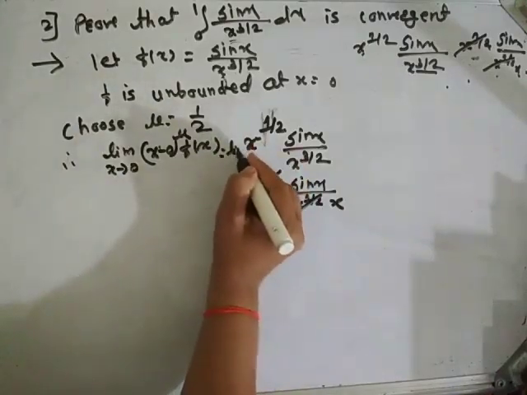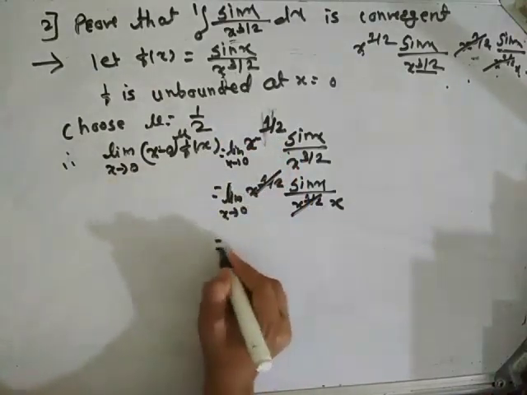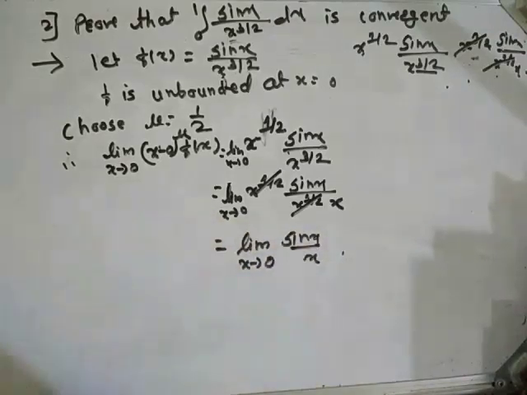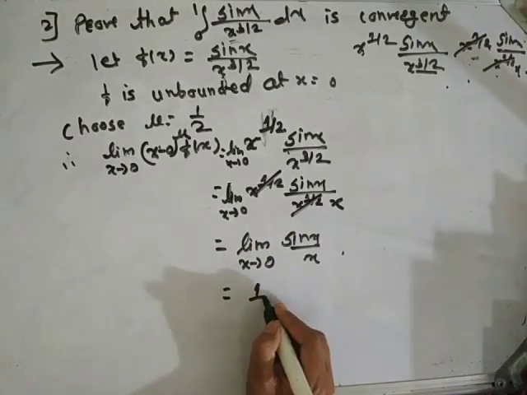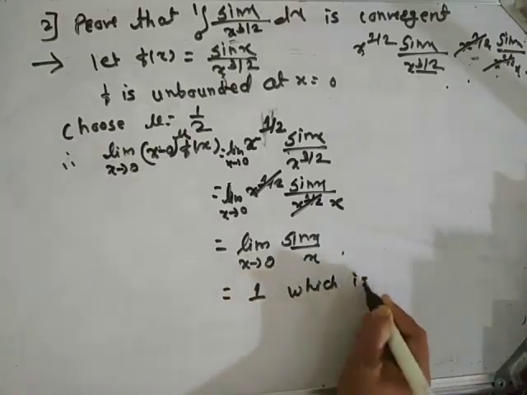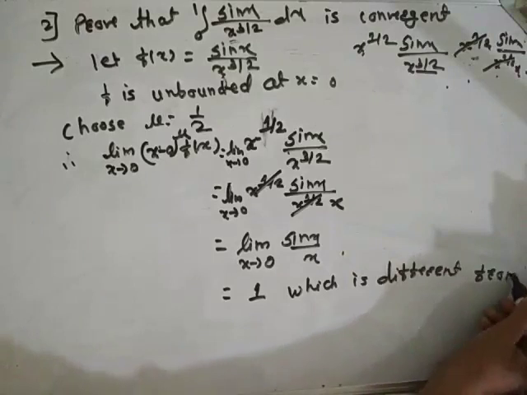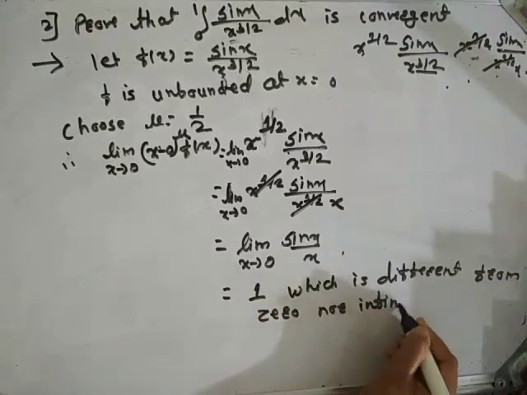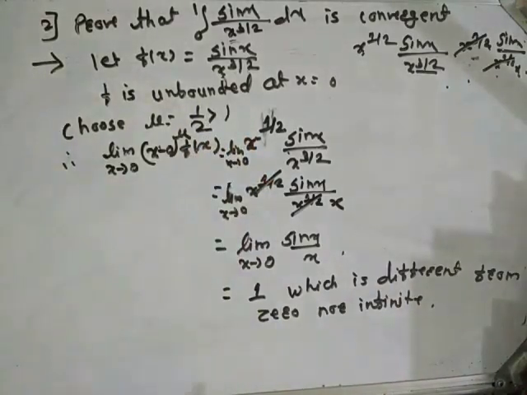So we get limit x tends to 0 of sin x upon x, which is equals to 1, which is different from 0 nor infinite, and this mu equals to 1 by 2, which is greater than 1.